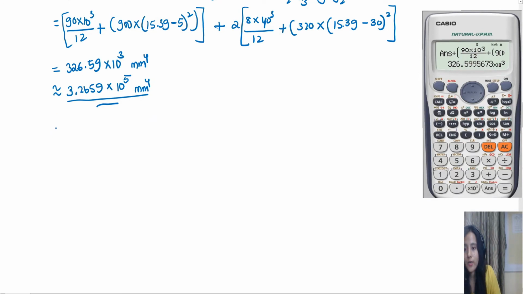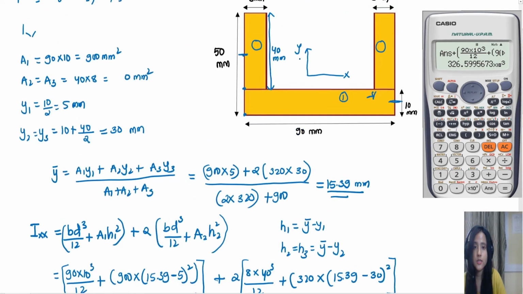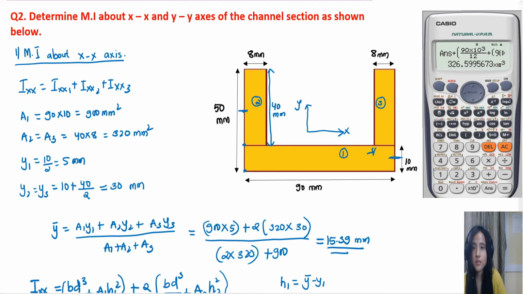To find Iyy, I will convert this U channel section into a hollow rectangular section. So how can I convert this into a hollow rectangular section?